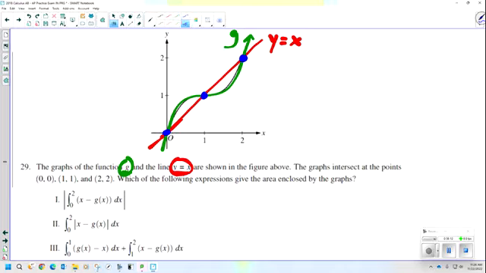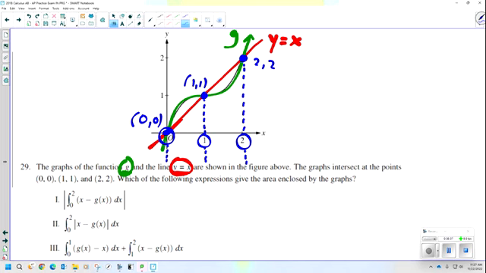They give us those 3 intersection points at (0, 0), so this is 0 on the x-axis, then (1, 1), so this is when x is 1, and (2, 2), when x has a value of 2.